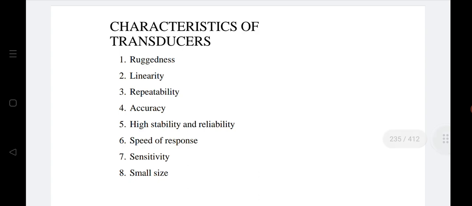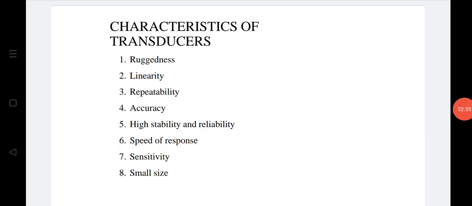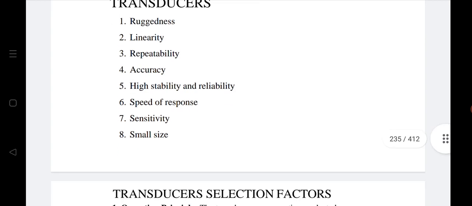Coming to the characteristics of a transducer. These are the basic characteristics: ruggedness, linearity, repeatability, accuracy, high stability and reliability, speed of response, sensitivity, and small size.